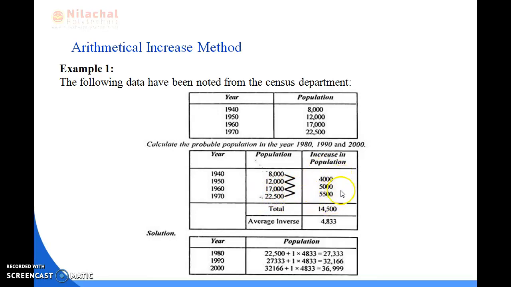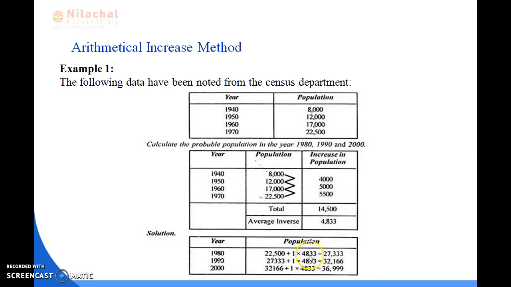After adding these we get 14,500. Taking the average, 14,500 divided by 3, we get 4,833.